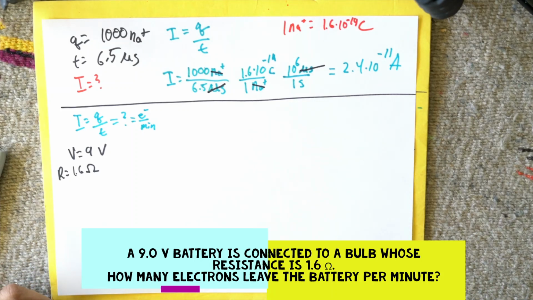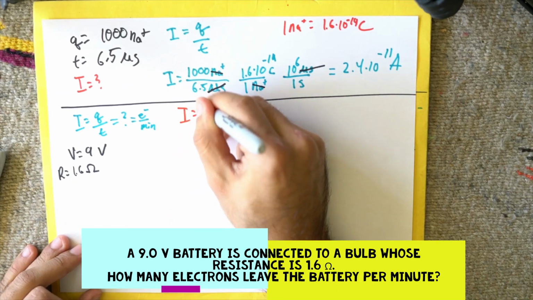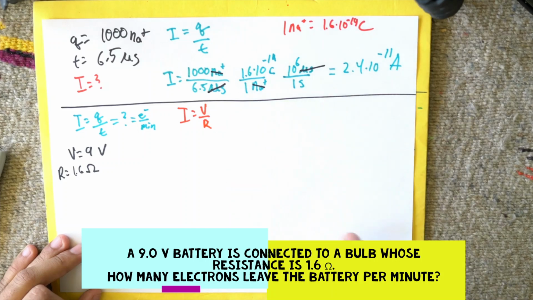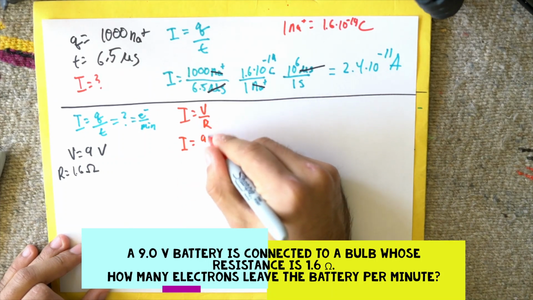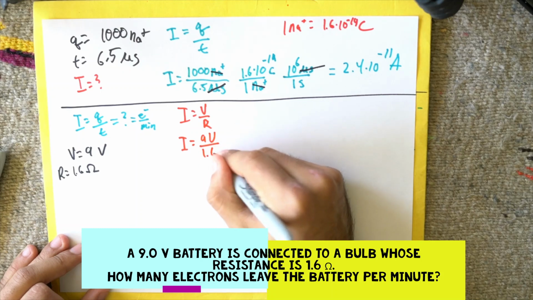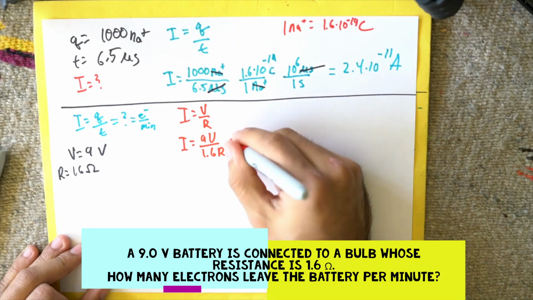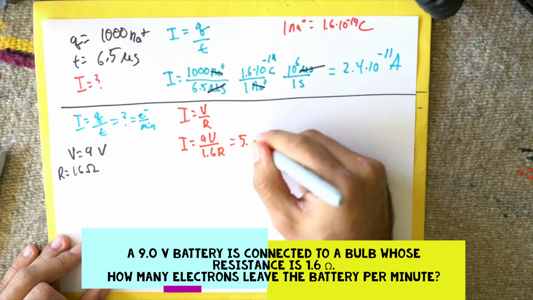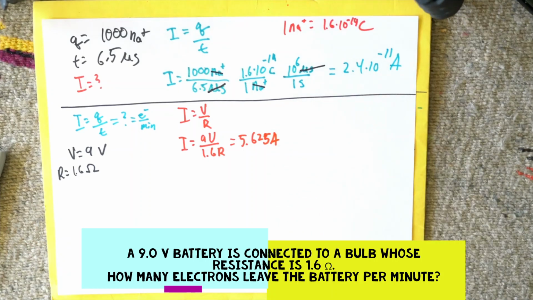If we manipulate that, we get the equation I equals V over R. Plugging that in, we get 9 volts divided by 1.6 ohms. If you do that, you should get 5.625 amps.